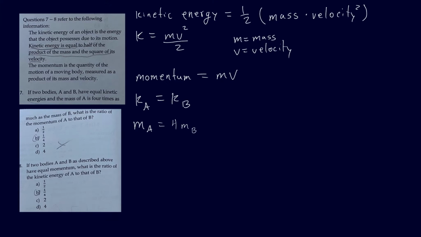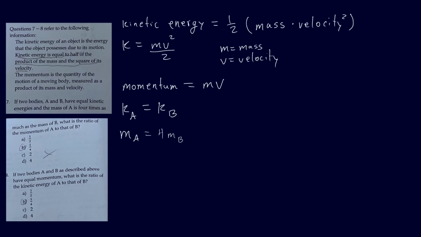Okay, now since the two kinetic energies are equal, I'm going to write that in the expanded notation. M A times velocity A squared over 2 equals the mass of B times the velocity of B squared over 2.